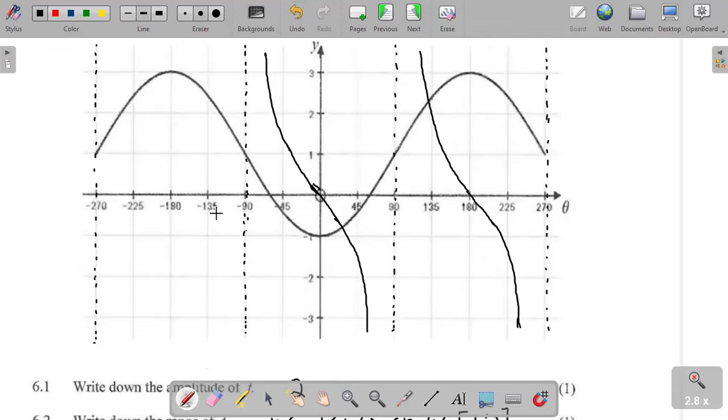And then it's going to do the same thing here. It's going to do this. Yes, it will look something like that, because it's negative.